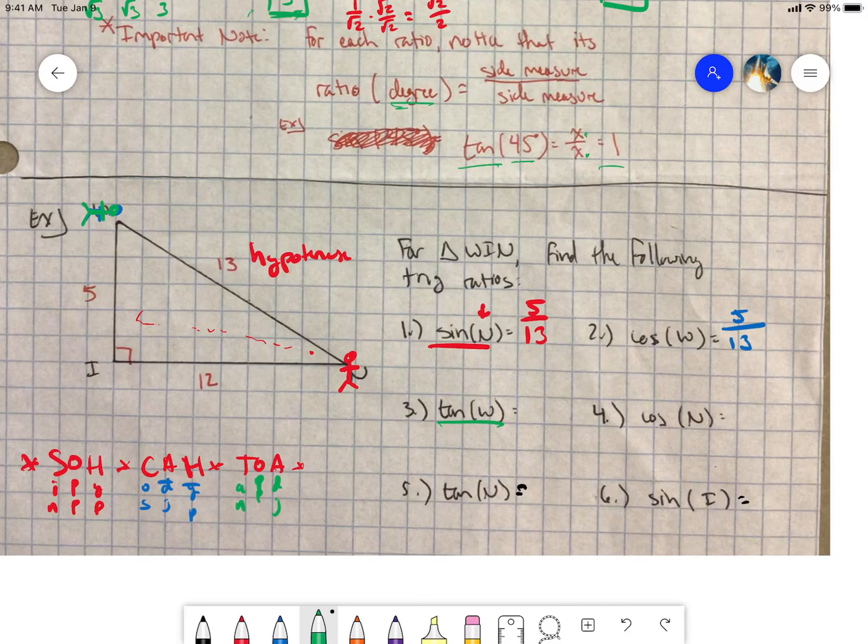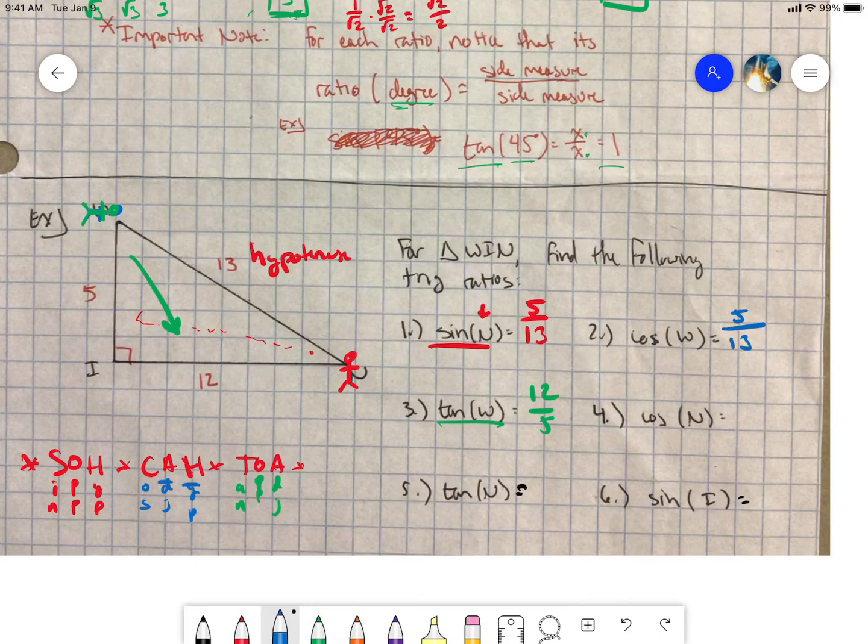Come on, guys. What is it? Remember, tangent is opposite over adjacent. Opposite. 12/5. Perfect. Yeah, I looked at the wrong question for 2. Oh, it's okay.